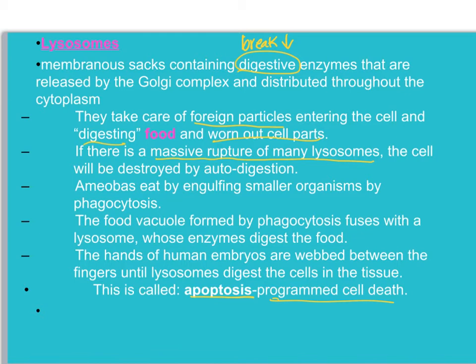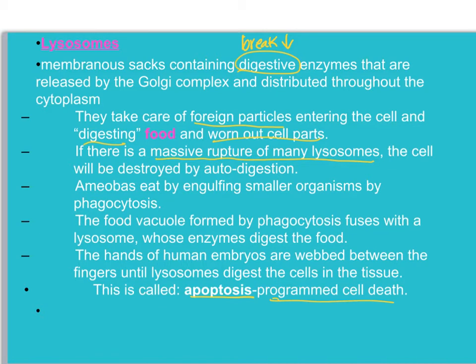When the amoeba eats something, think of Pac-Man, that's kind of like how phagocytosis is. Then it's called a food vacuole. And then the lysosome will come up to that food vacuole and combine with it, and the lysosome helps digest the food.